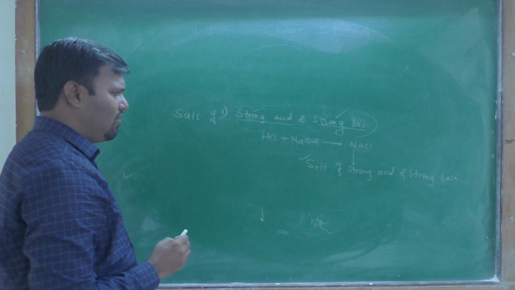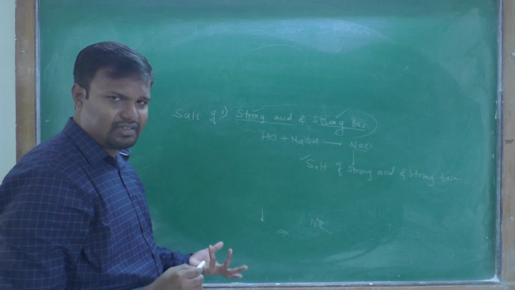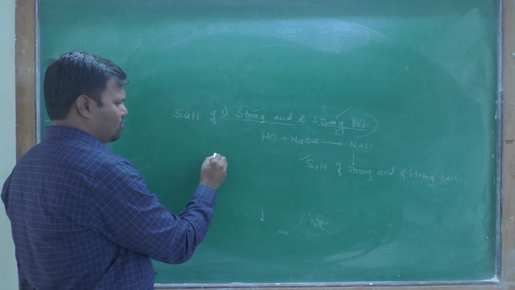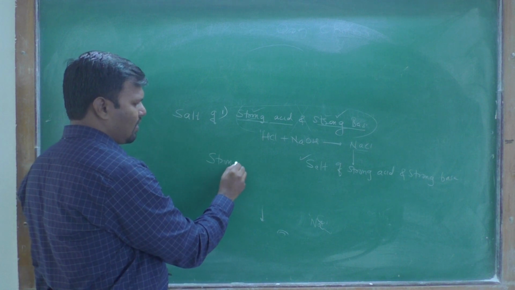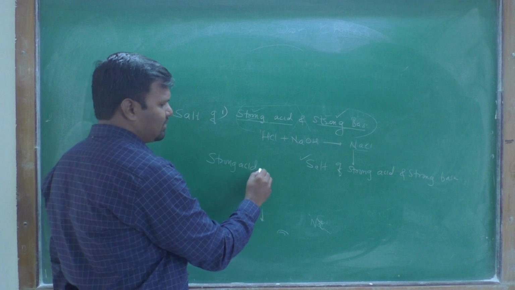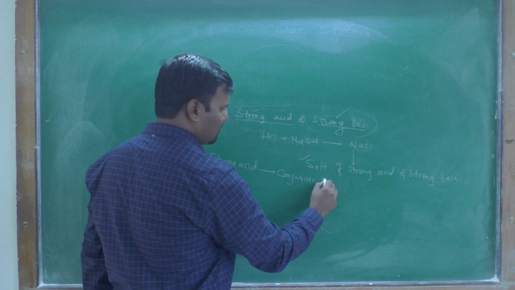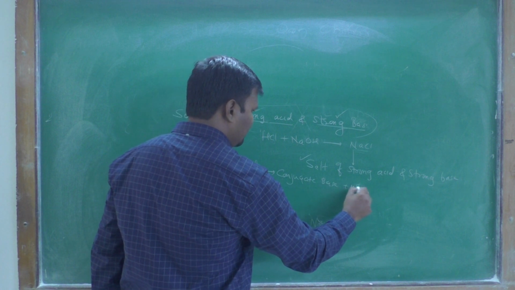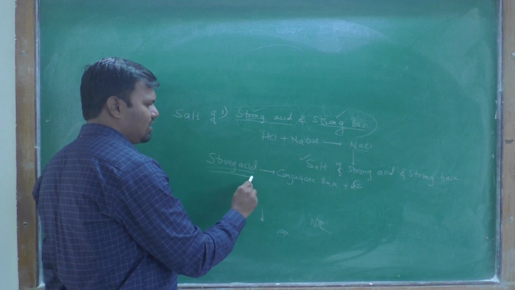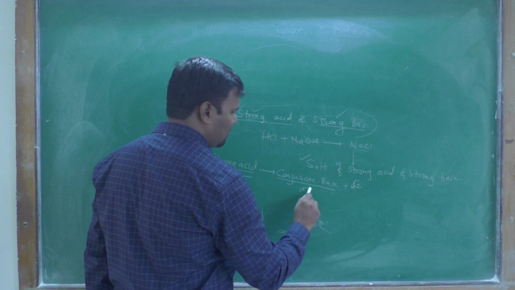Okay, we have already discussed that when we have a strong acid, after losing the H plus it gives the conjugate base and H plus ion. Therefore, from a strong acid the conjugate base is weak.